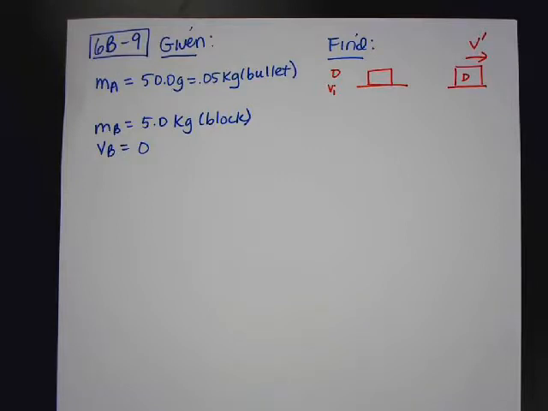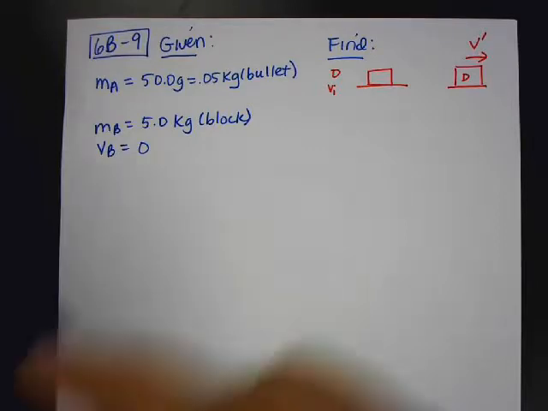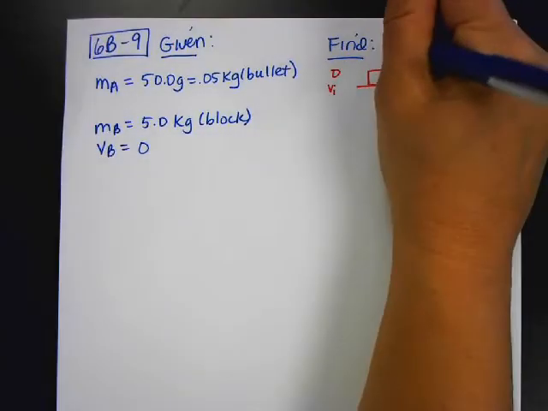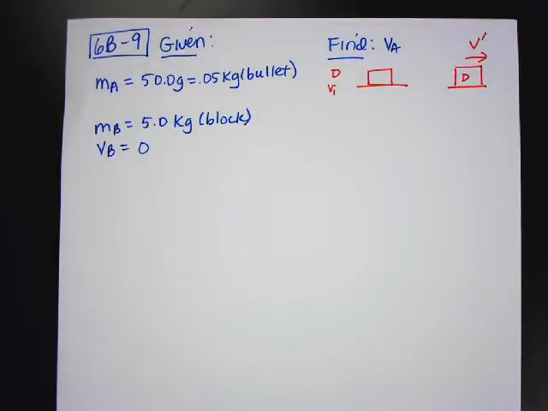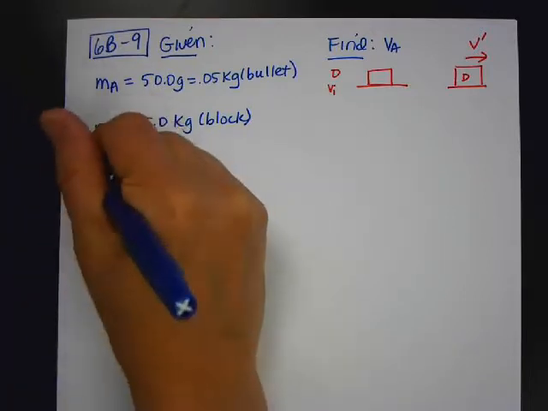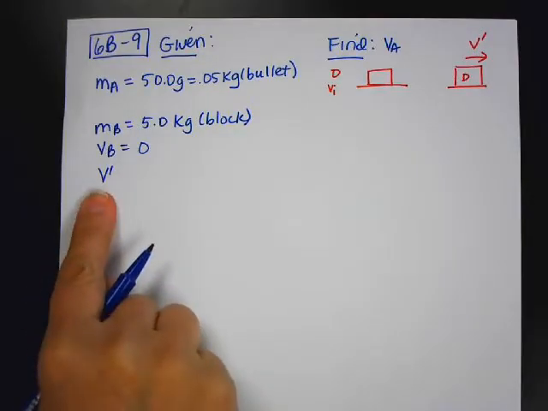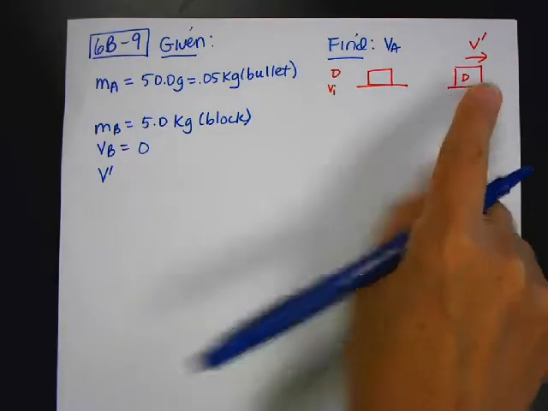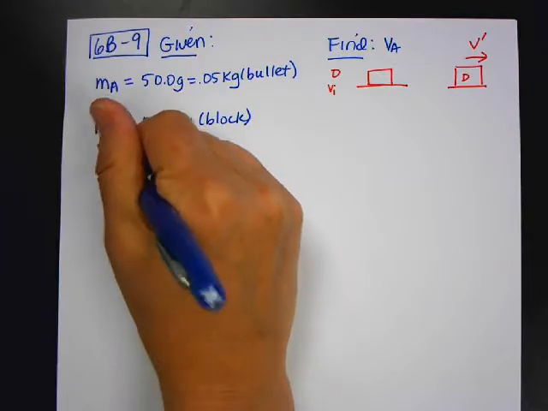The question says, what was the original velocity of the bullet? So I want to find VA. What I didn't write down was that the two of them are together, so V prime, the velocity of the bullet inside the block, is going to be 10 meters per second.